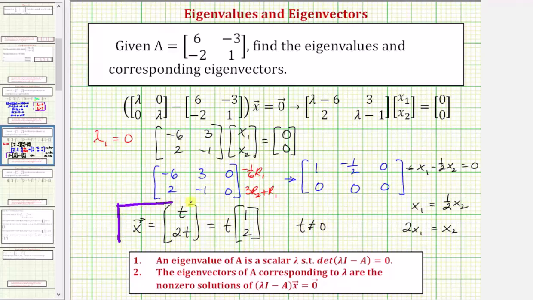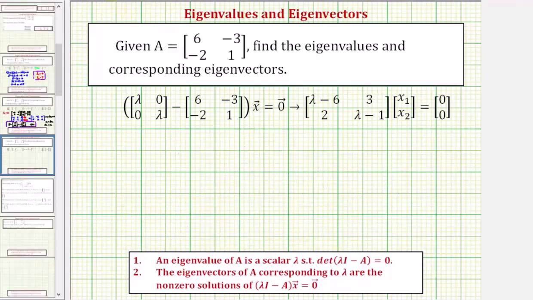Now let's find the eigenvectors corresponding to lambda equals 7. So we'll go through the same process again with lambda sub 2 equals 7. So again, here's the equation we have to solve for vector x. Performing the matrix subtraction gives us this matrix here, and now we substitute 7 for lambda.